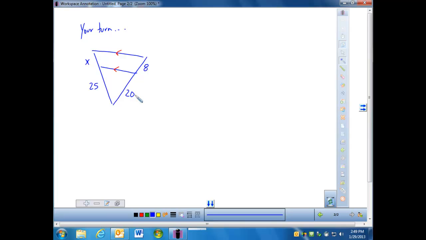Once you have this copied down, I'd like you to push pause and solve for x and y. You can push pause at any time.